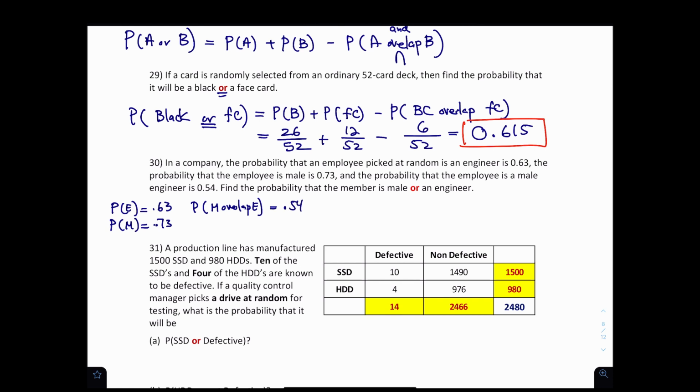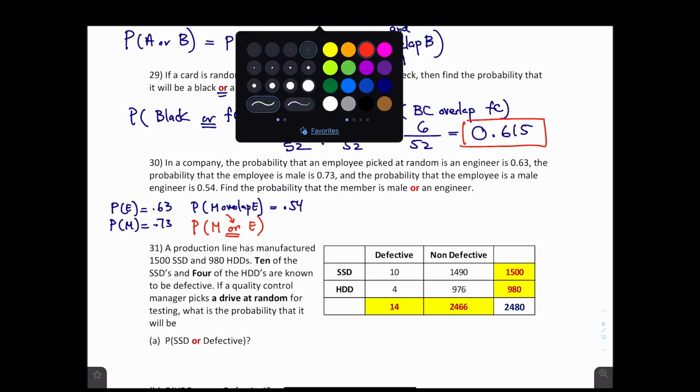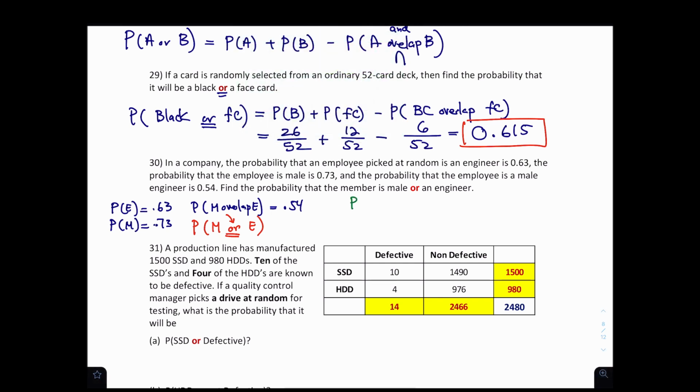They want you to find the probability of getting a male or an engineer. Because of this "or," I'm dealing with an addition rule, so the probability of a male or engineer equals the probability of a male plus the probability of an engineer minus the probability of a male overlap engineer.